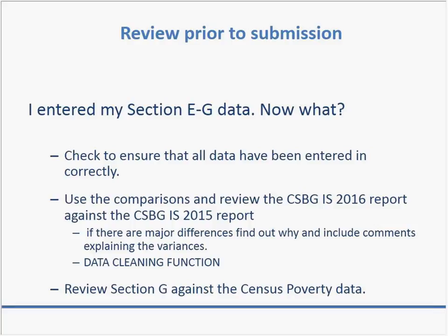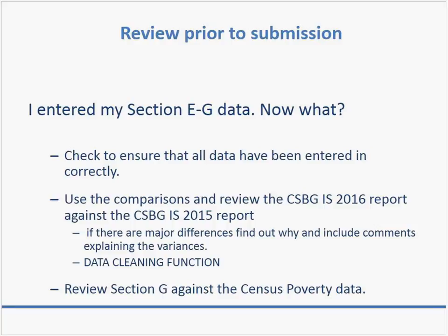You've collected and entered your Sections E through G. Now what do you do? We ask that you check to ensure that all data is entered correctly and accurately. There are built-in comparison tools in the IS database that allow you to review 2016 data to 2015 data. If there are any major differences, please provide a comment in the comments box.